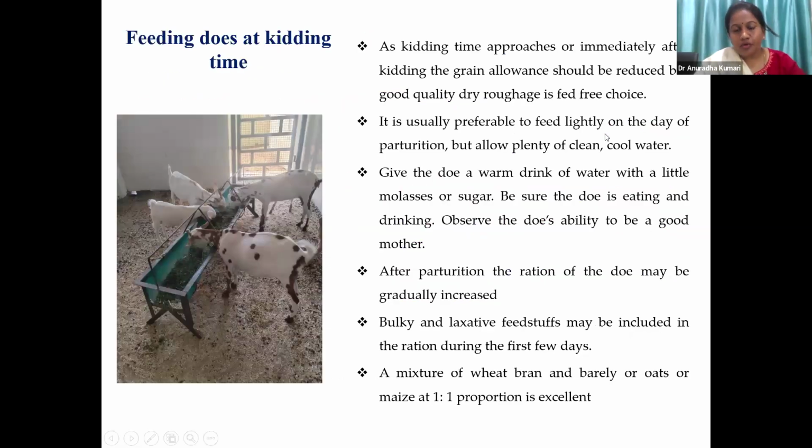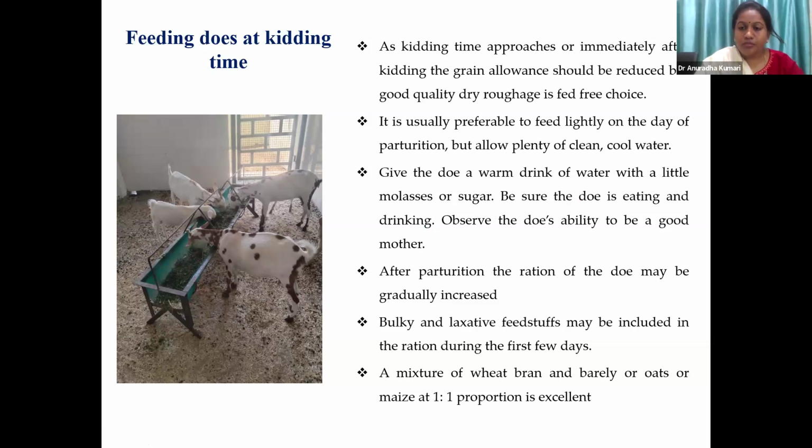Now, as kidding time approaches, on the day of kidding, it is better to slowly reduce the grain allowance of the mother. It is better not to feed, or to give a very light ration, on the day of kidding, but plenty of water to the mother. Immediately after the kidding, it is better to provide warm drinking water and a little molasses sugar to provide an instant source of energy.